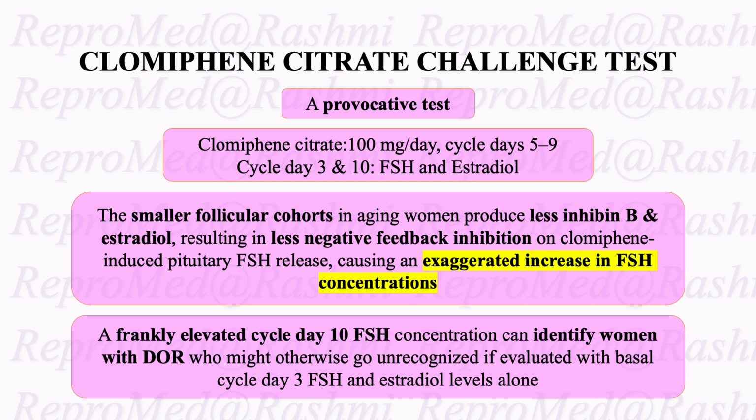So the clomiphene citrate challenge test, although it is not done these days, is a good method to know who are the women who have decreased ovarian reserve and who will show a poor response to the stimulus.